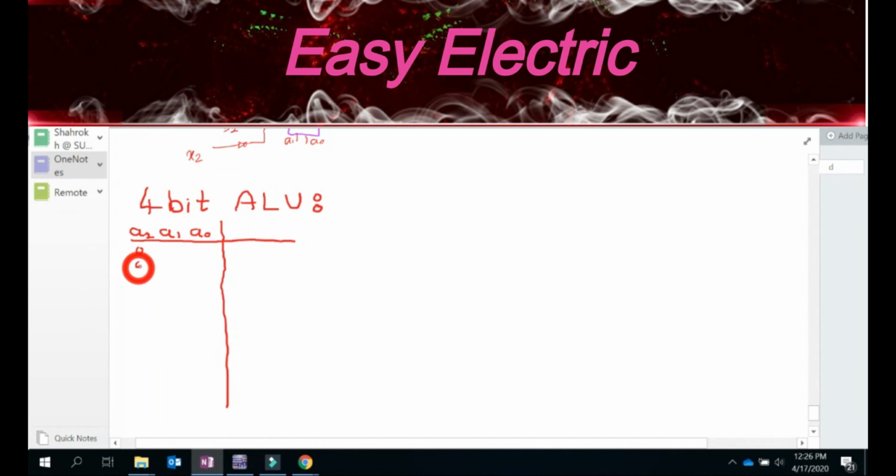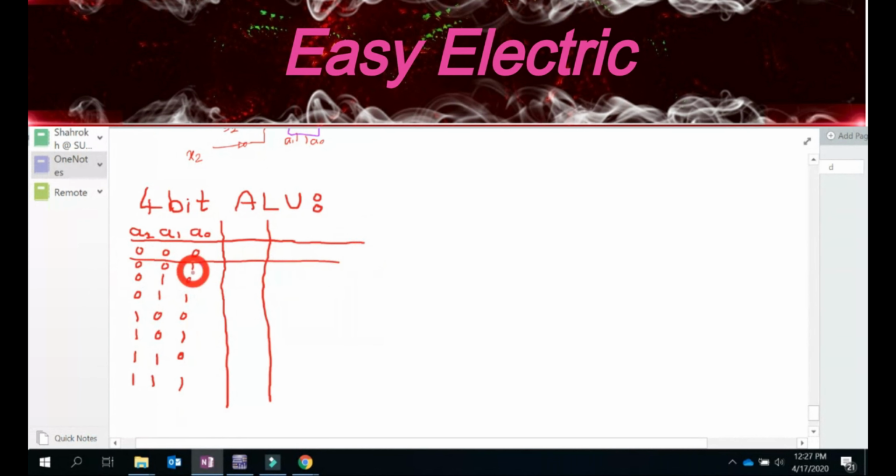Whenever you have 3 inputs, you should have 8 different bit patterns. I list all 8 different bit patterns here. Okay, so let's separate each row.